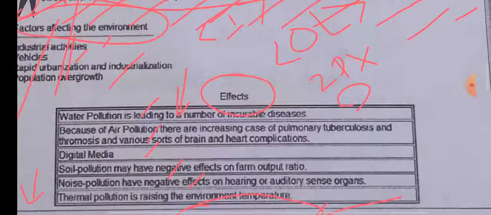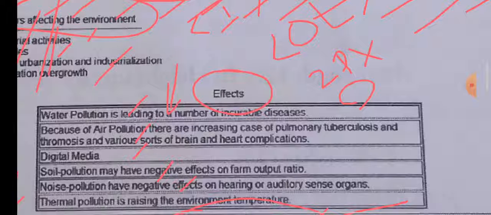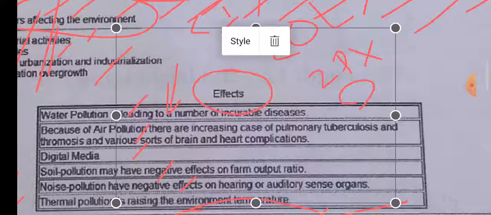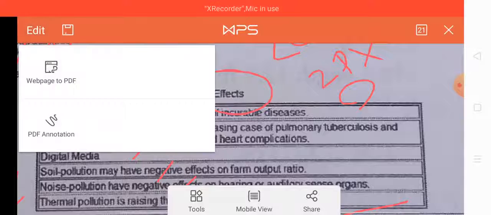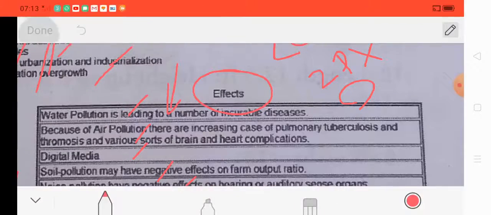Now look at the table. This table has a particular width, you can easily see that. So we specify the width of the table here. Now see the code again.